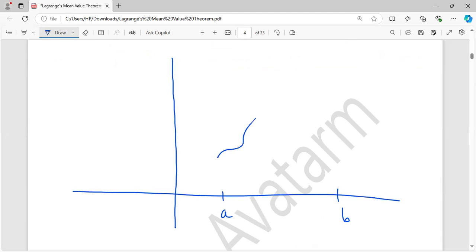Some function is there. This point is nothing but (a, f(a)) and this point is nothing but (b, f(b)). So Lagrange's theorem says the chord joining these two points.